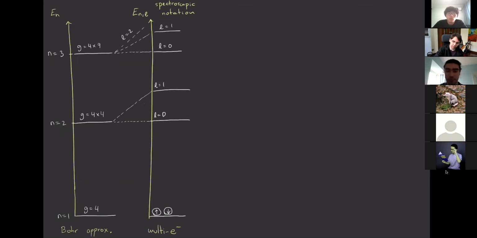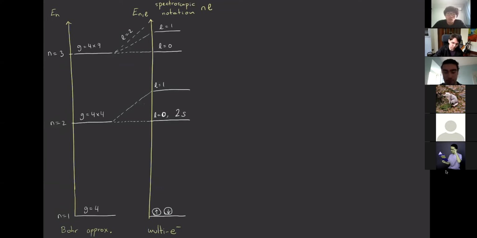The way that we denote energy levels is by saying n, L, but L is not a number; we use a letter for each L. For example, L equals 0 we call S. So when we say level 2S, we mean n equal 2, L equals 0.